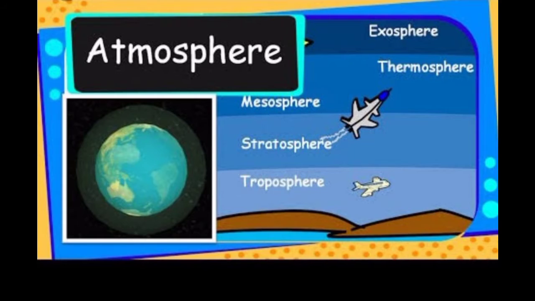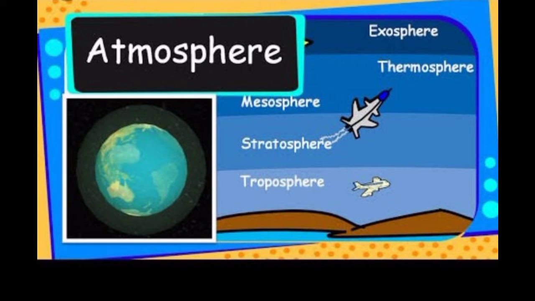Atmosphere. The earth is surrounded by a layer of gases, which is called the atmosphere. It is composed mainly of nitrogen 78%, oxygen 21%.